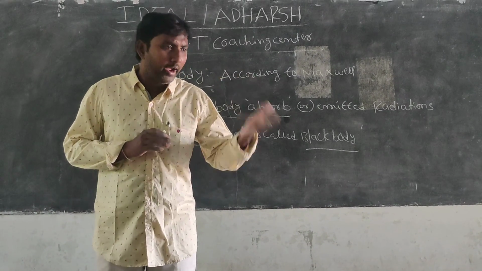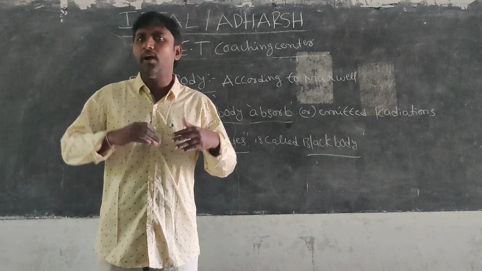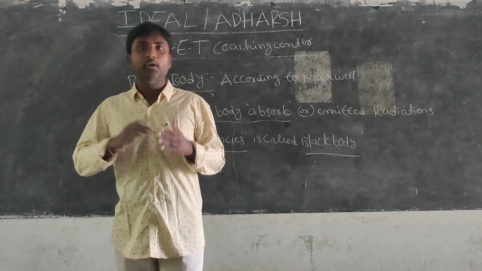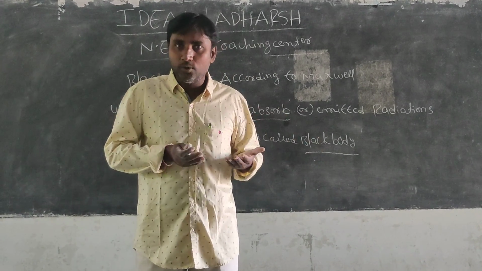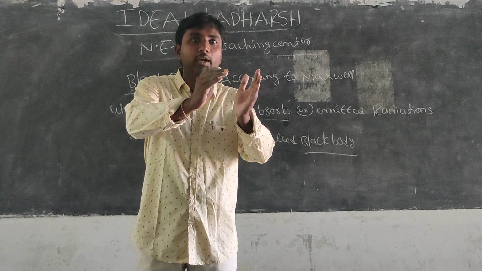100 Hz, 500 Hz, 1000 Hz, 2000 Hz, 3000 Hz, whatever it is. Some radiations, for example red, blue, violet, yellow, are emitted or absorbed at a particular frequency only.